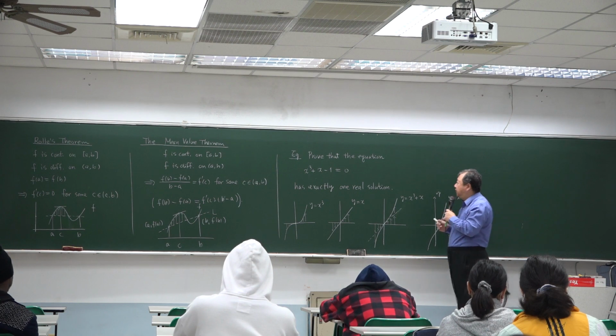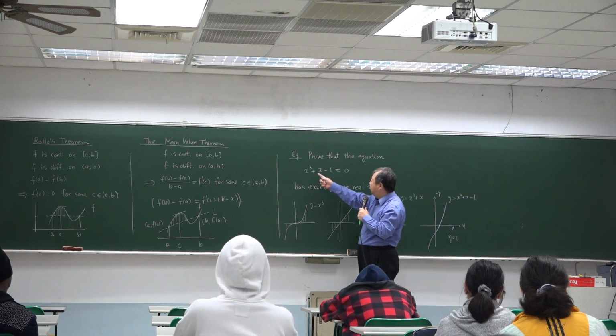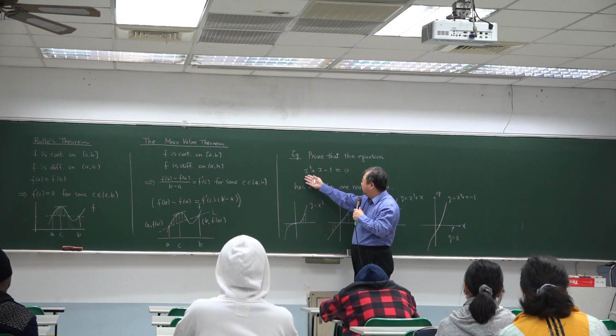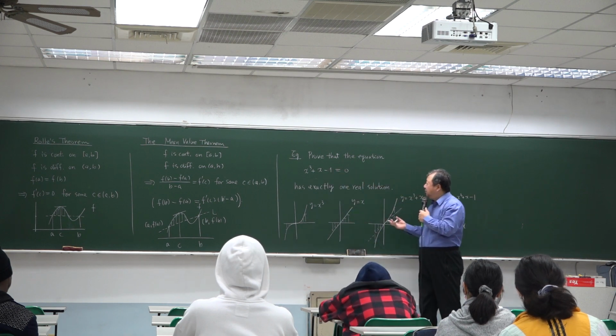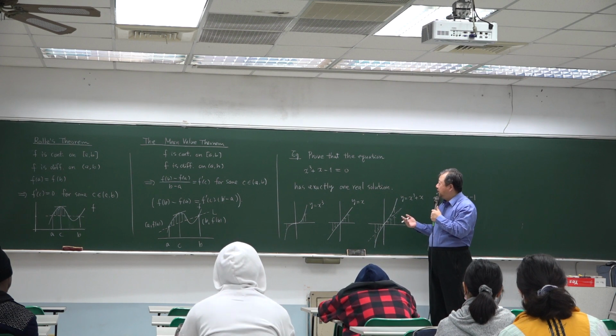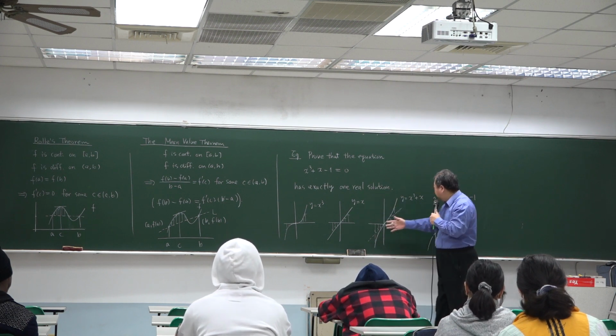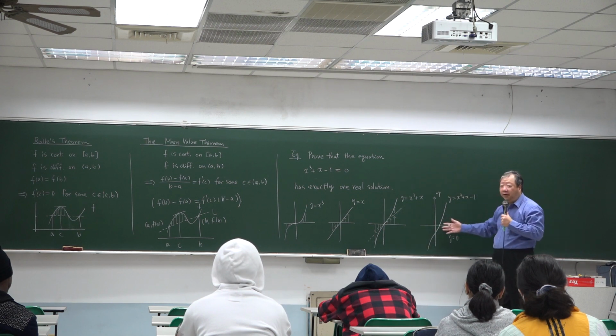If this is not x cubed, for example, we replace it by sine x plus x minus cosine x, then the example is not so simple. Here we can easily check the result in an intuitive way.